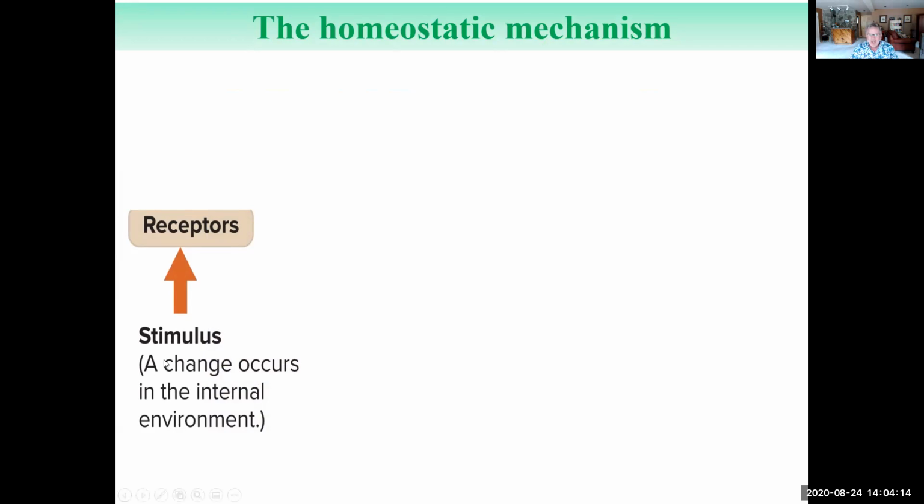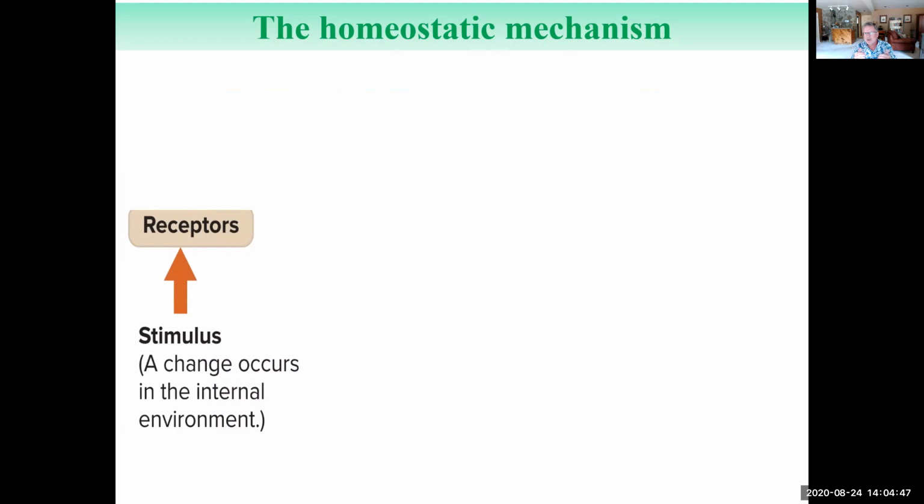So when there are changes taking place, of course it says here too, the internal environment, and typically that's what we often talk about is internal changes, but they could also pick up external changes. For example, when you go outside and it's very, very hot and humid and the sun's shining down, you're going to get hot, right? There are thermoreceptors in your skin too. So while we often think of internal changes, and most of them are, we could also have external changes too.